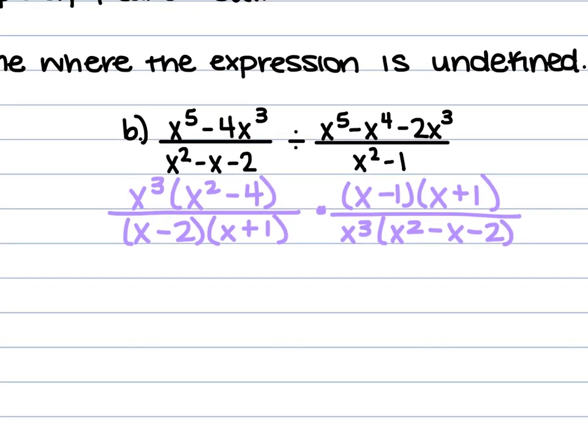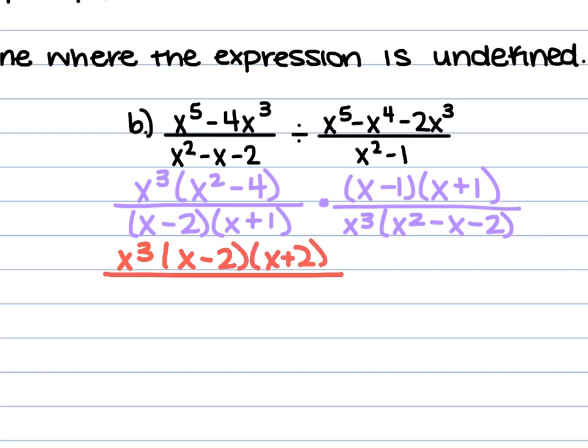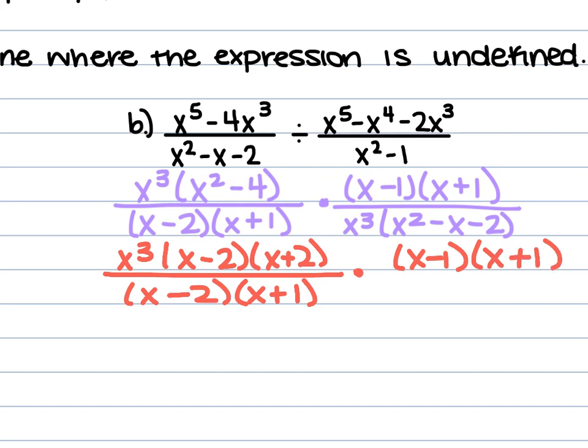So I can continue factoring here that x squared minus 4 is going to become x cubed times x minus 2 times x plus 2 over x minus 2 times x plus 1, times x plus 1 times x minus 1 over x cubed times x minus 2 times x plus 1.